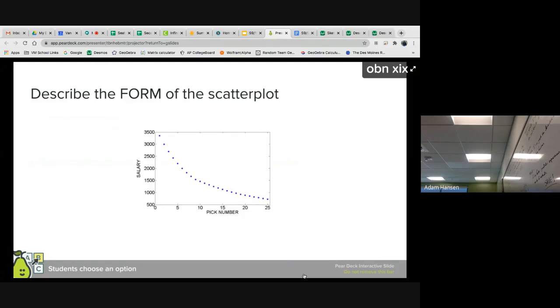Think about the NFL or the NBA draft. Is there a big difference in the salary they're going to make between like the 1st, the 5th, and the 10th selection? Like the first person makes a lot of money, right? The second person still makes a lot of money, but isn't it significantly less than what the first person got? And like by the time you get down to like the 10th, it's still a lot less, right? So the first couple selections, there's a wide variability in their salaries.